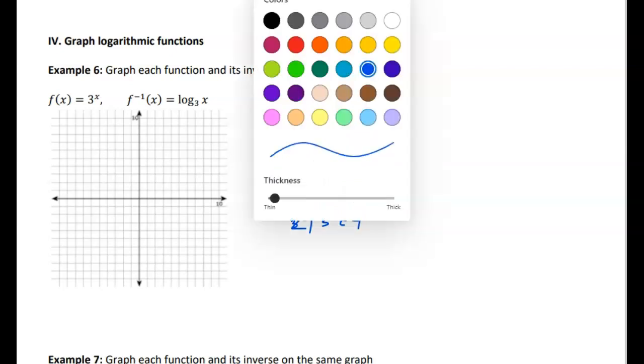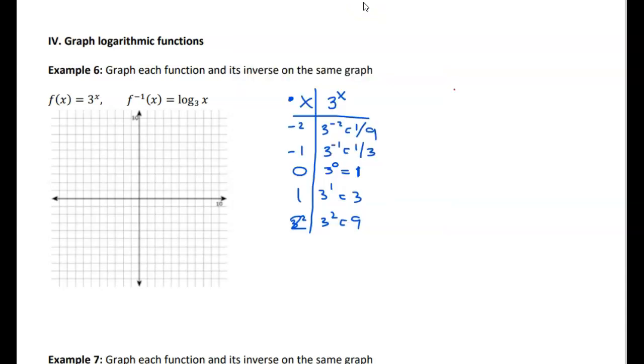Okay, so for the log, you're going to switch the columns. Basically your x becomes your y and your y becomes your x.